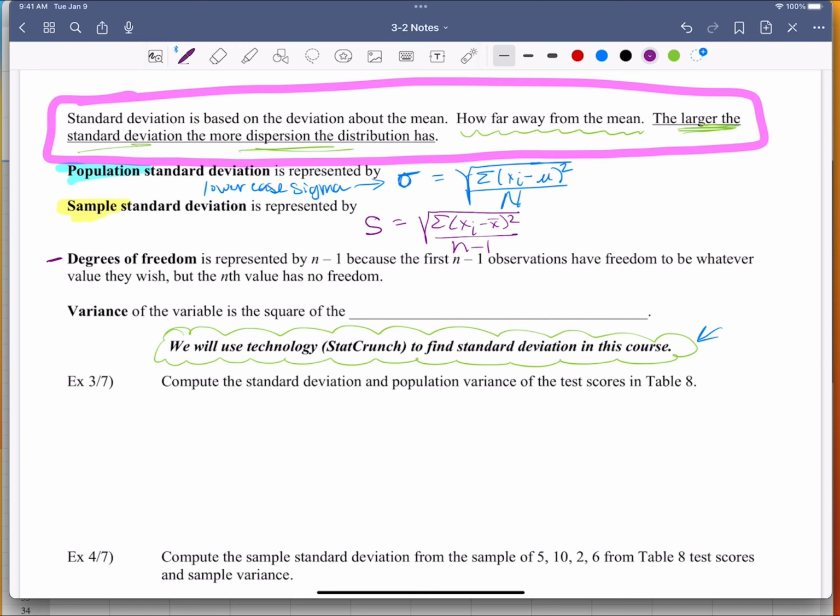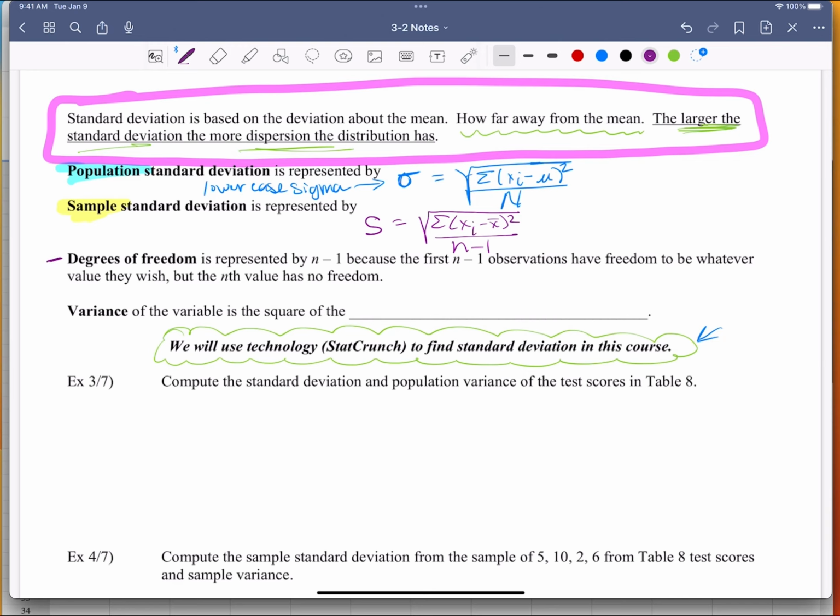But that last one has no freedom. It must be whatever value forces this sum, as I sum up the deviations about the mean, to equal 0. All right, so once I have all of them, then that is what forces that sum as I'm looking at it, which is why we have to have this degrees of freedom.